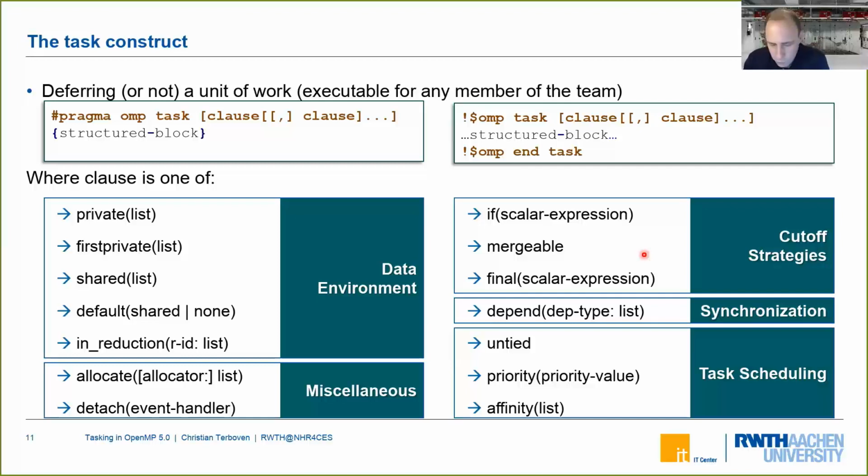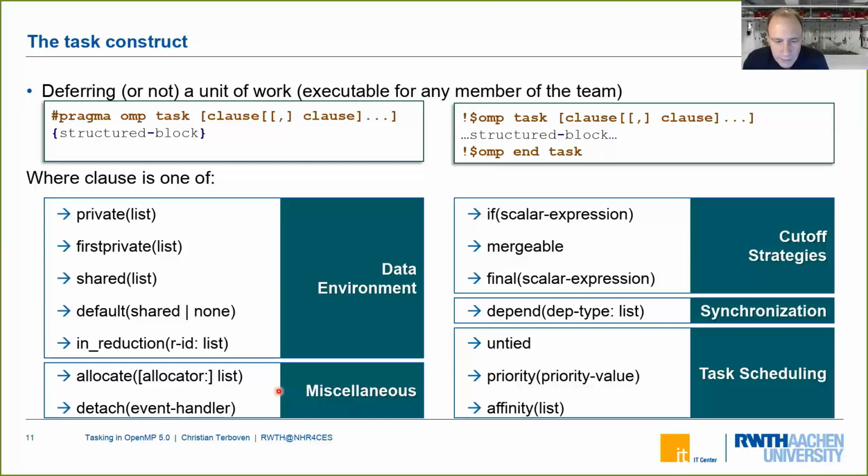We have synchronization clauses, dependencies, that will be a different chapter later on. I will also talk about scheduling, untied, priority, and affinity. And again, on the misc part, that is the reference to memory management.